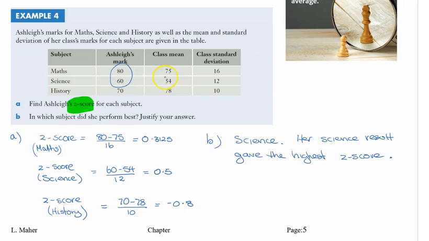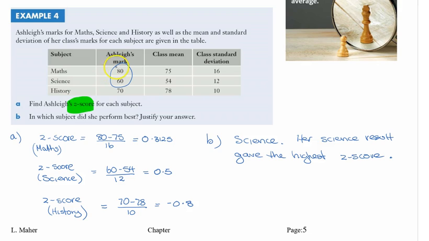Whereas here in science, the average was 54, quite low, and getting a result of 60 actually placed her a little bit further ahead of the other students. So that information is really important.